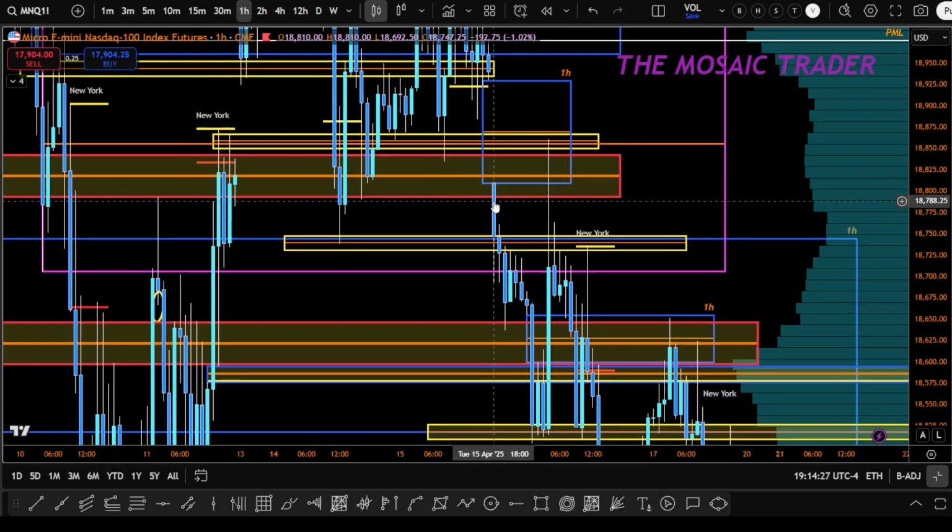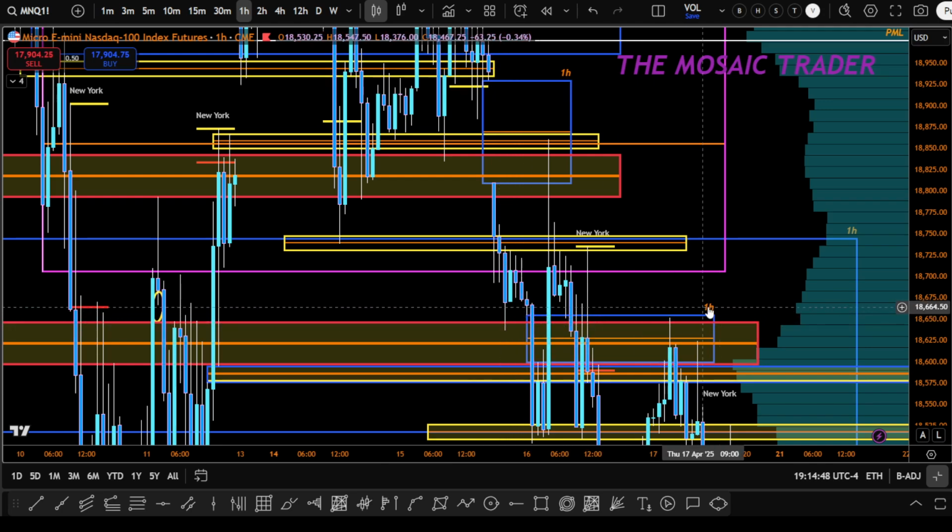And then the open here, later on, at 6 p.m., was not far off of the middle of this area here, right? Went down, down, down, and again, just went a little bit low, the top of this area here.